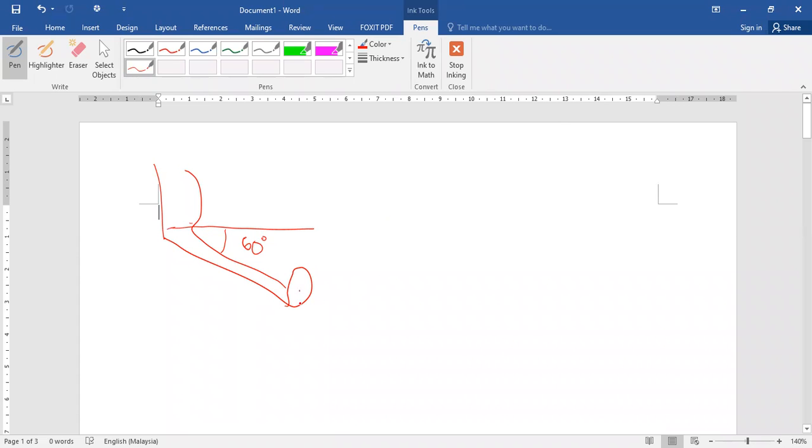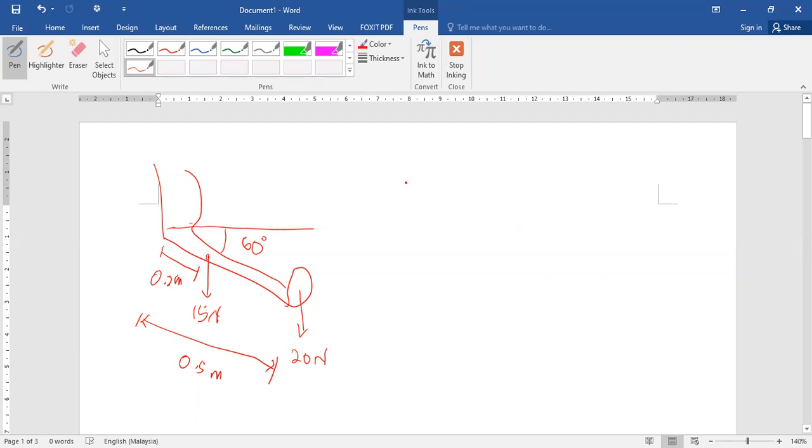So now this object, still 20 Newton, is going down and the arm is 15 Newton. Same, the distance from here to here is 0.2 meter and the distance from here to here is 0.5 meter.